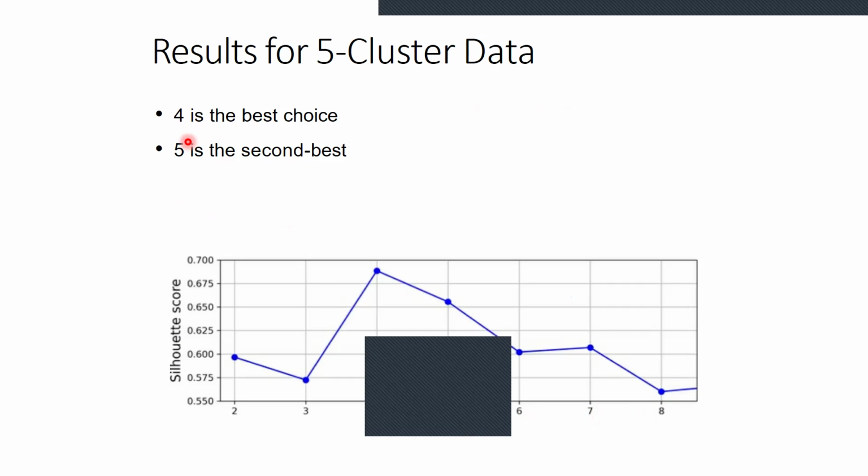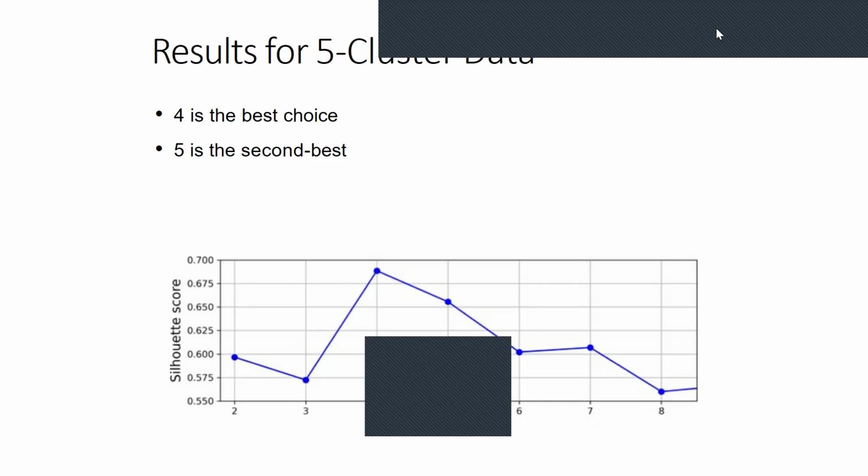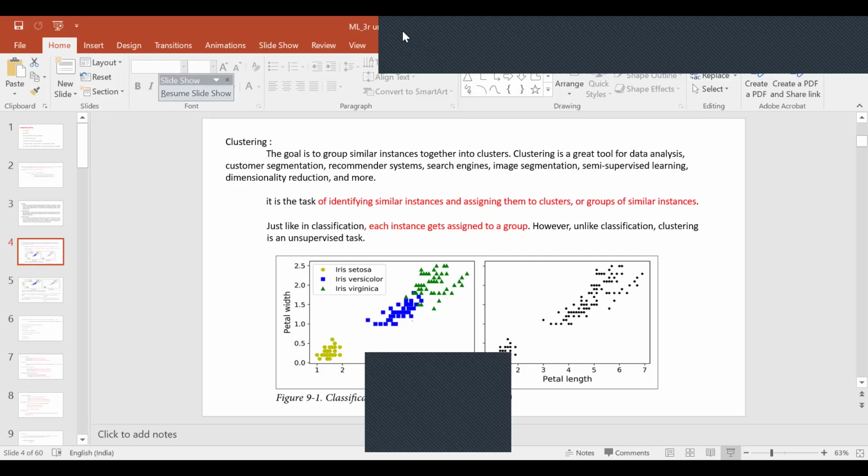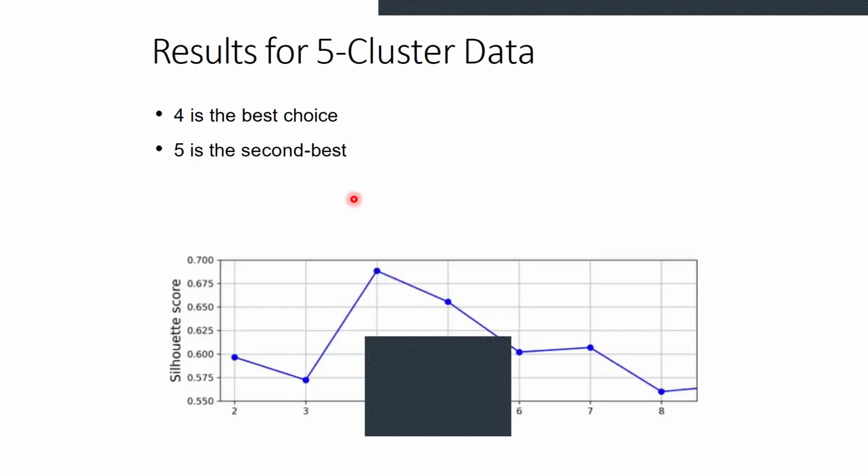Here, four is the best choice for the clustering, but five is the second best choice.